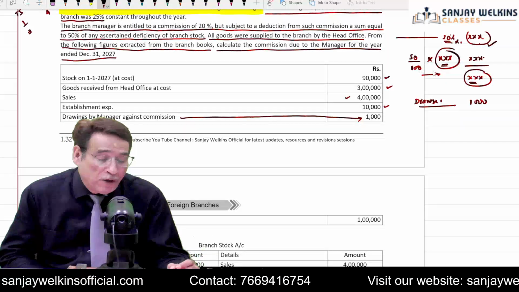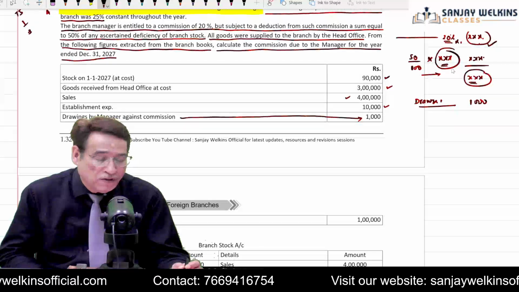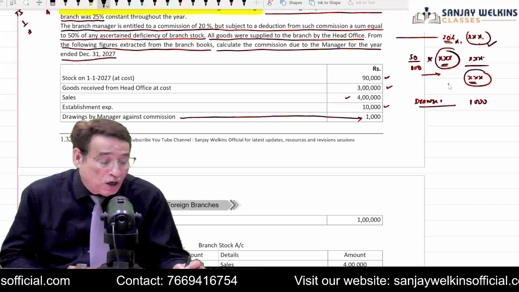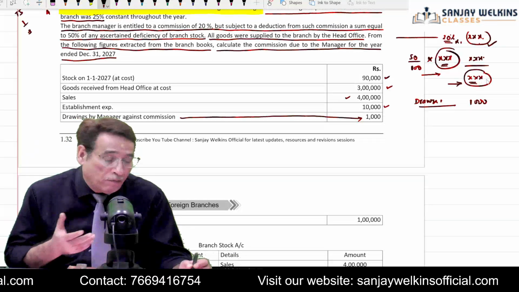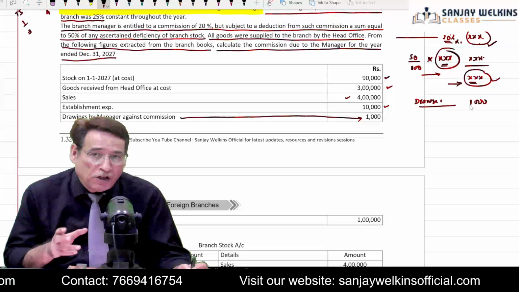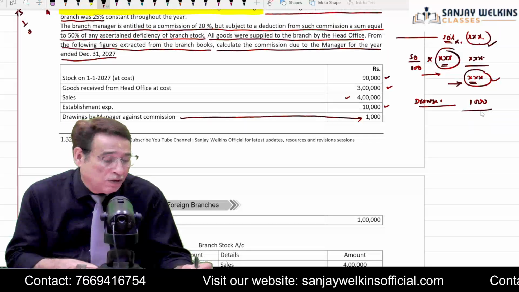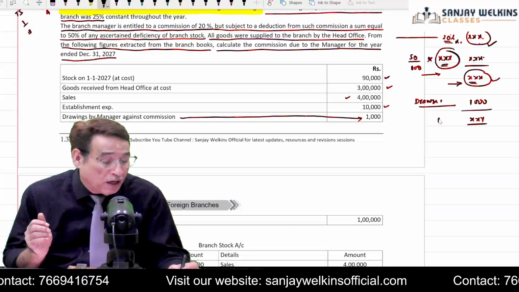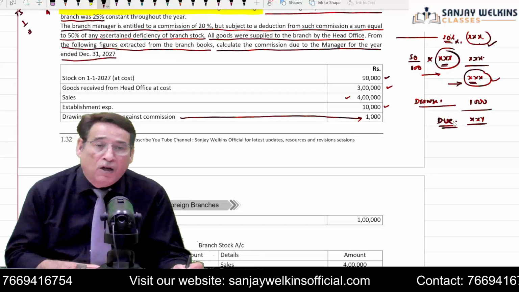Out of that, I am going to subtract 50% of the deficiency in case there is any deficiency, correct? So after subtracting that, we will come to know how much commission actually is of the branch manager. And whatever commission is there, now we will tell the branch manager, you have already taken away 1000 in advance. So now we will subtract this and this much is due to you now.